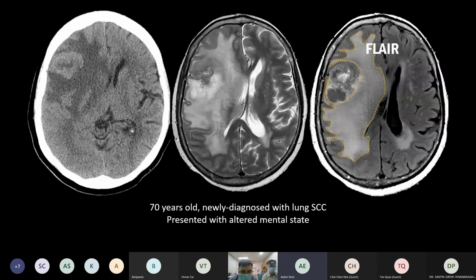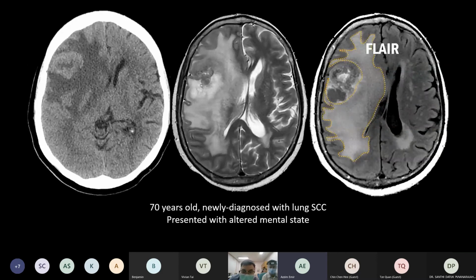How about the MRI? On the MRI, T2 image in the center, there is a hyperintense lesion, also very extensive, with midline shift and mass effect. And on T2 FLAIR, you can see quite a massive lesion there, with, I'm guessing, also finger-like projections.